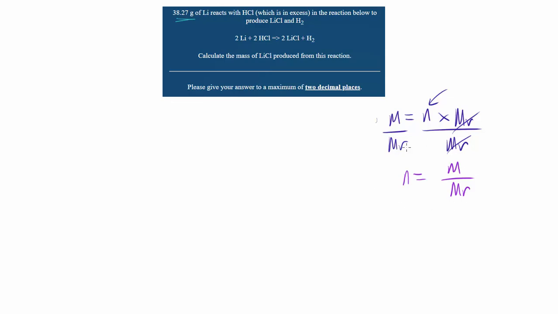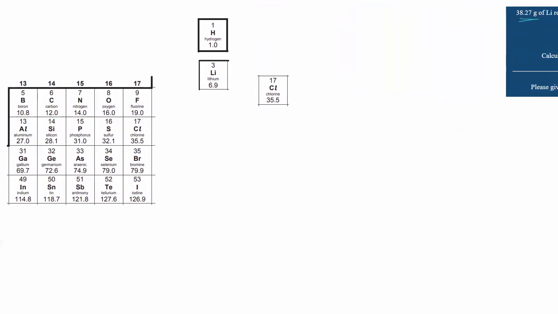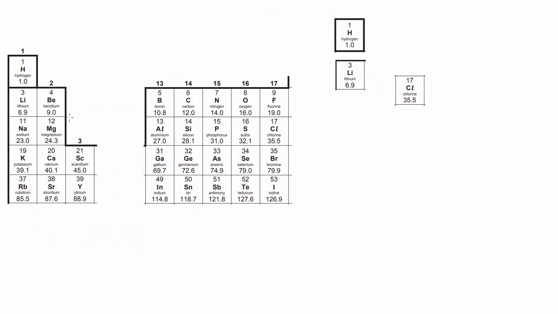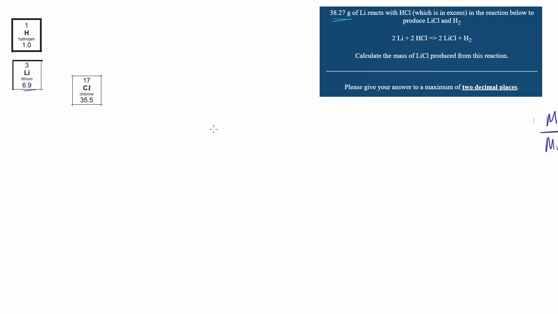So in the case of lithium, since we've got the mass, we need to work out the molar mass. What's the molar mass of lithium? We can work that out from the periodic table based on the relative atomic mass. As you can see, lithium is here below hydrogen, and 6.9 is the relative atomic mass.